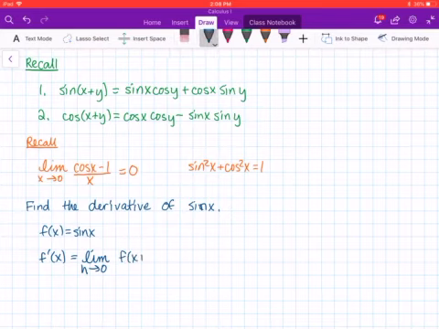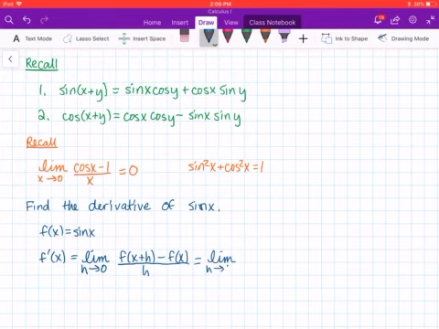Let's write f of x plus h minus f of x over h. Then we have the limit as h goes to 0. We have our function is sine, and then we replace x with x plus h. Then we subtract sine x over h.